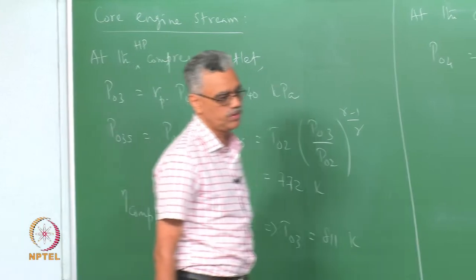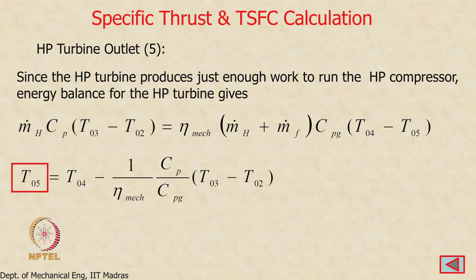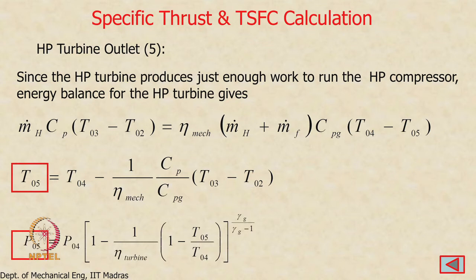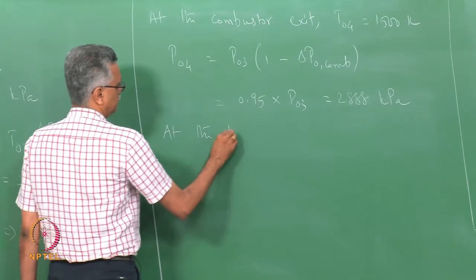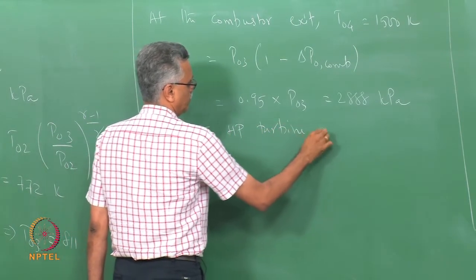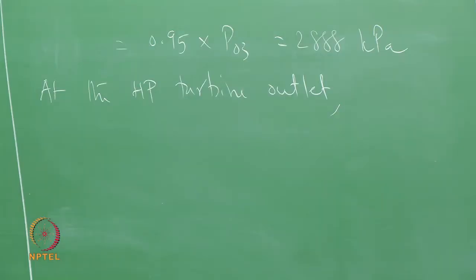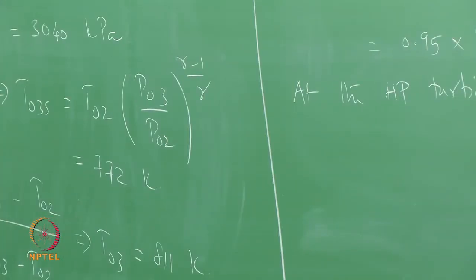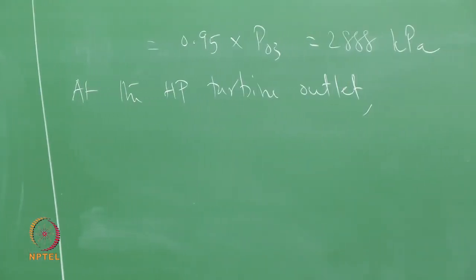We go to the next component, which is the HP turbine. At the HP turbine outlet, we obtain this expression by doing an energy balance for the HP turbine and the HP compressor.